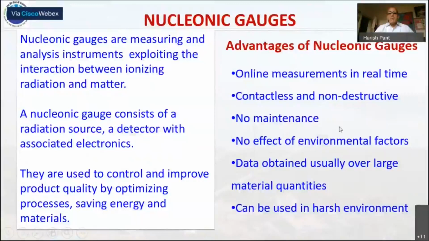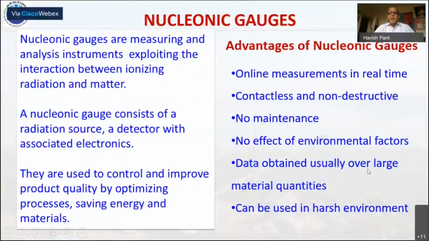There is no effect of environmental factors, whether there is wind, or whether it is sunny weather or a rainy season, they do not affect. While in the case of some conventional gauges, the environmental factors play an important role.